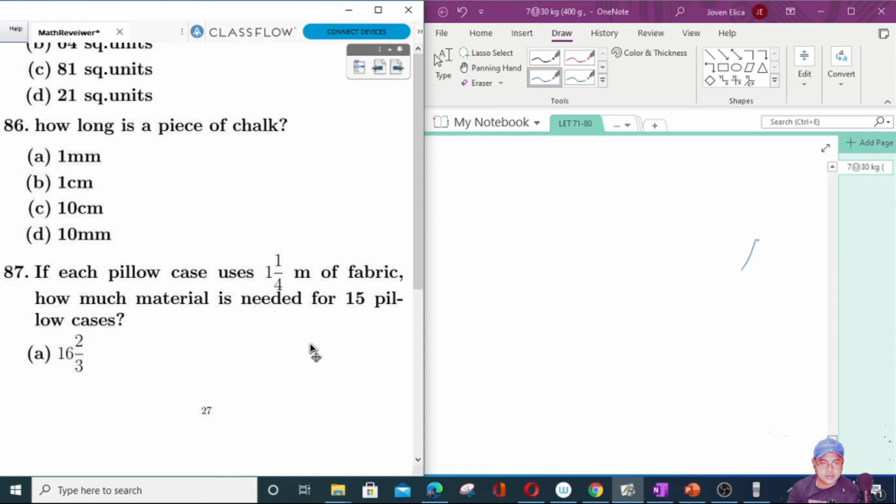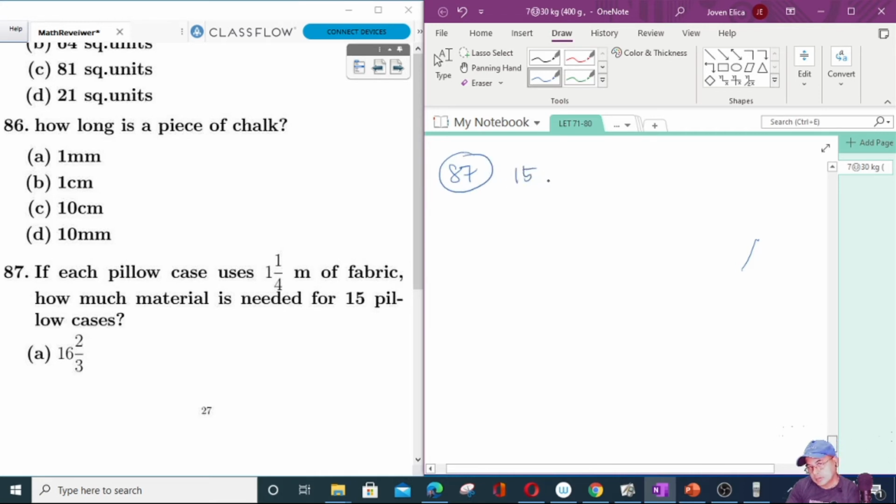So this is just a matter of conversion or multiplication. So we have 15 pillows multiplied by, this is in meter, 1 and 1/4.